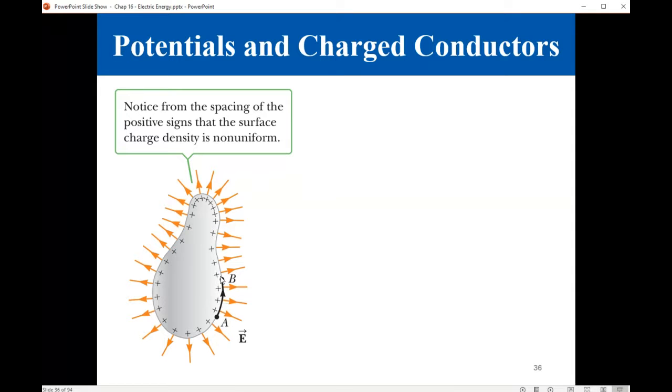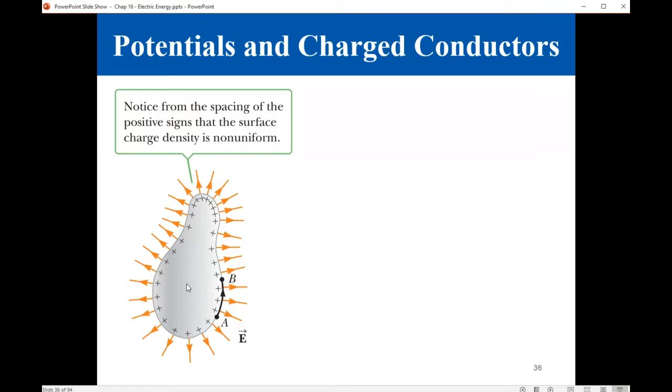So charges will start moving. But at electrostatic equilibrium, there is no potential difference. All points will have the same potential at the surface of the conductor, and the electric field lines will all be perpendicular to the surface, as we illustrated last lecture.